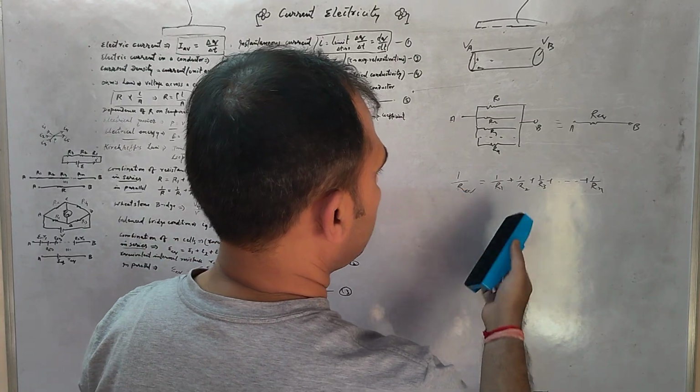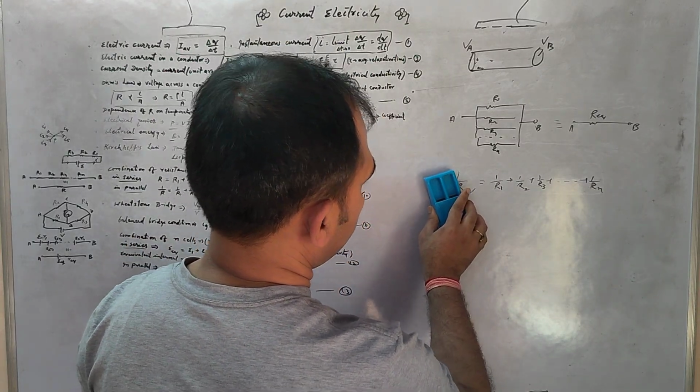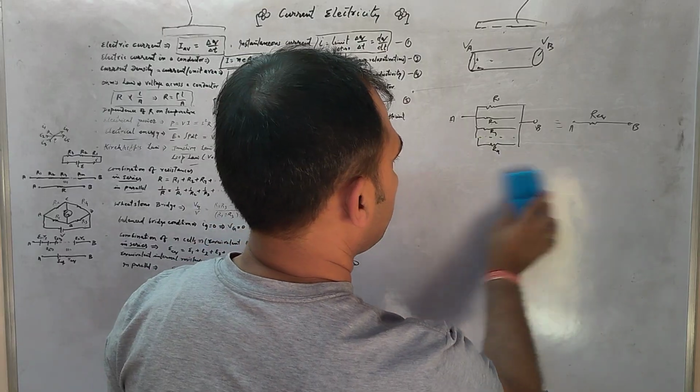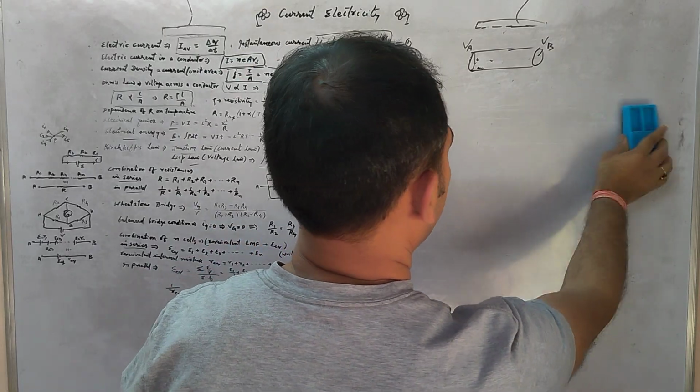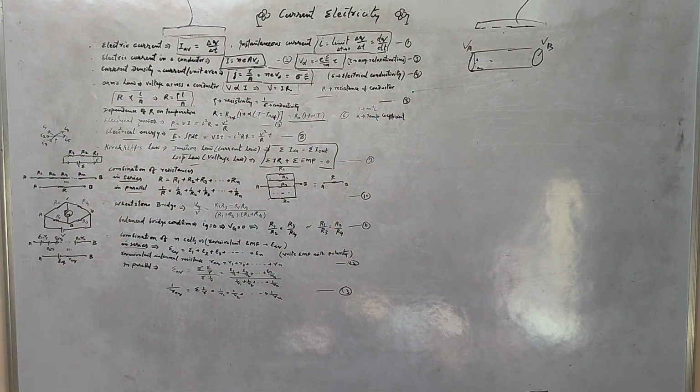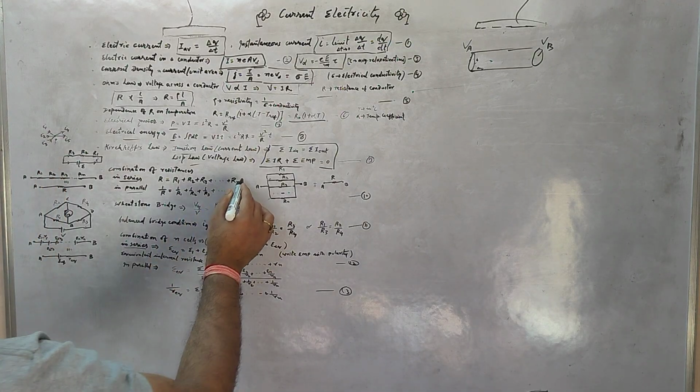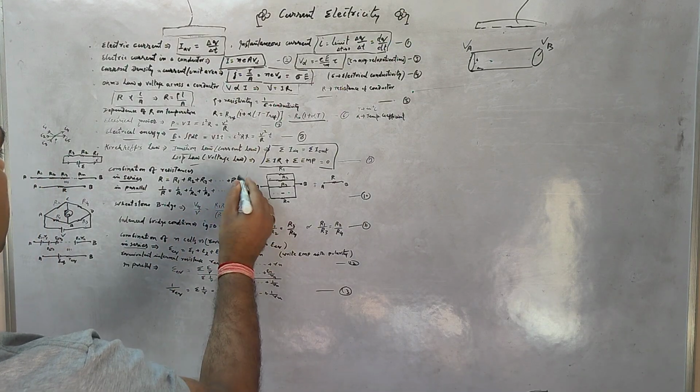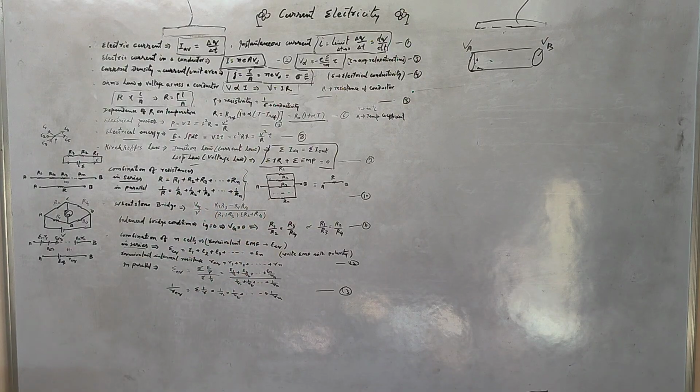We can derive it also very quickly, but this is a revision class, so we will move ahead. So this was the combination in series and parallel of resistance.